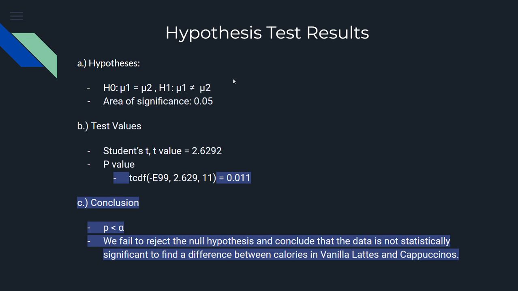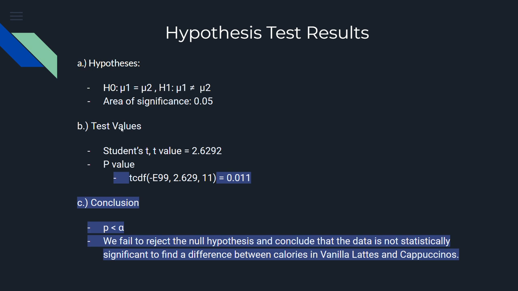Moving forward, our hypothesis test results go as follows. First, we had to come up with a hypothesis. Our null hypothesis is that our population mean equals our second population mean, while our alternative hypothesis is that our population mean is not equal to our second population mean. We're using a 5% level of significance.